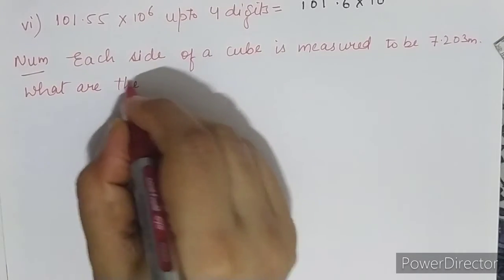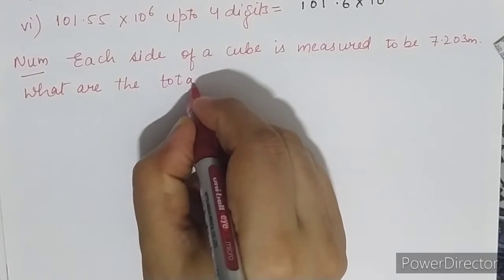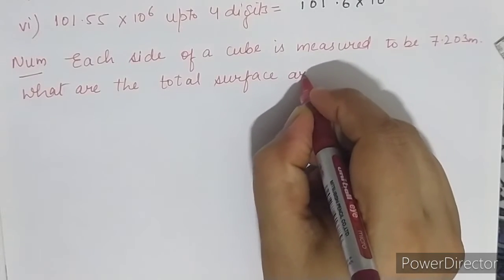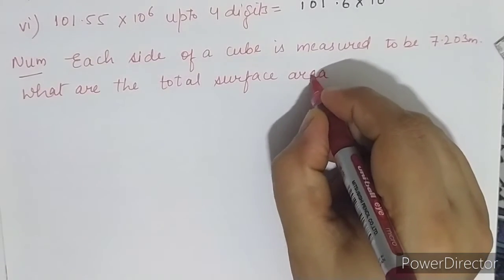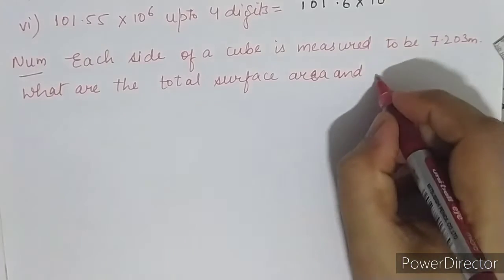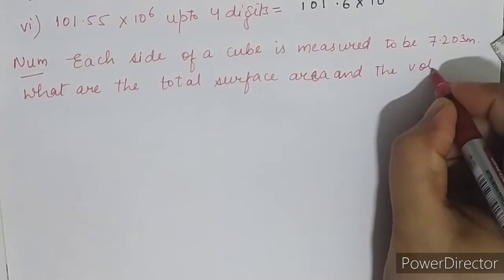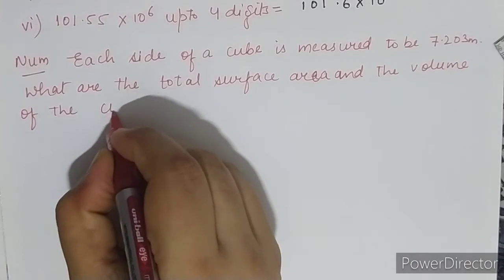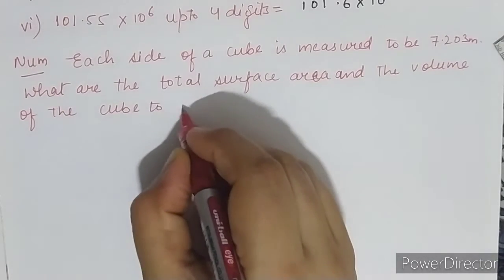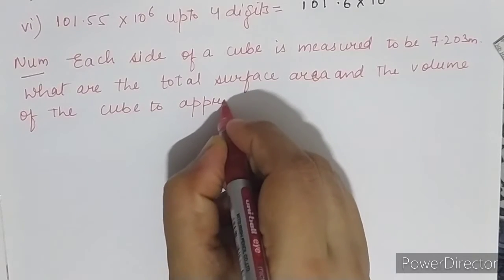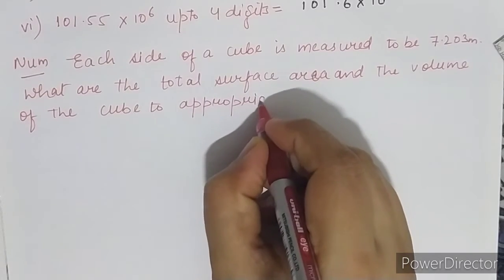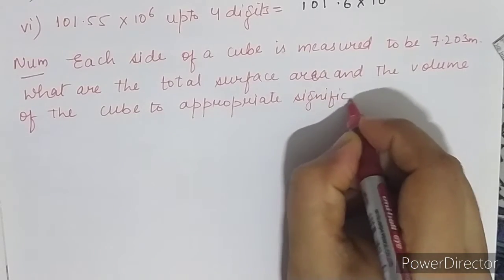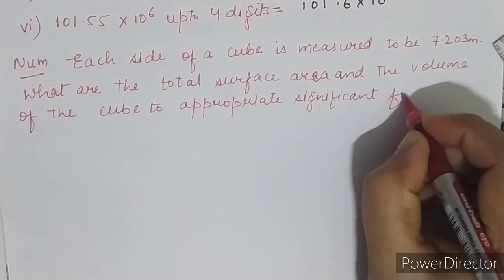What are the total surface area and the volume of the cube to appropriate significant figures?